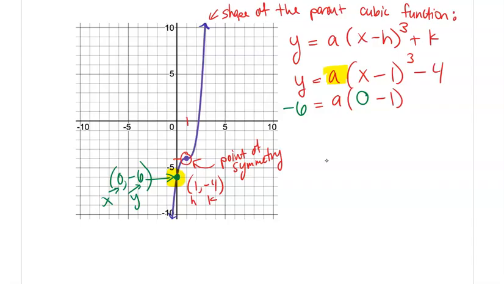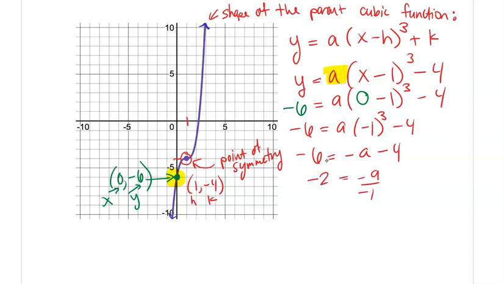So I just do that and see what a would have to be to make that true. So I solve this equation for a. You got to do what's in the parentheses first, then you got to do the exponent. Then I'm going to add 4 to the other side, and then divide by -1. So in this case, the a value would have to be 2.